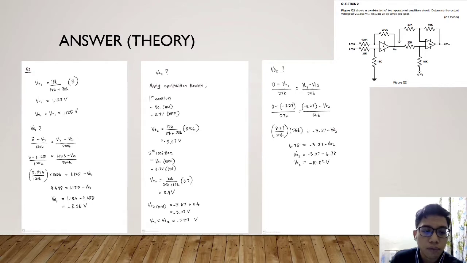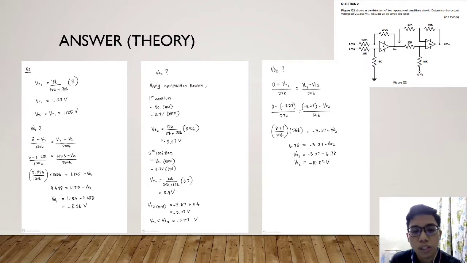Since V plus is equal to V minus, which is 1.125 volt, we can just substitute the value of V minus in the formula. So this is the formula: 5 minus V minus over 120K is equal to V minus minus V out 1 over 300K. Therefore, we get negative 8.56 volt for V out 1.